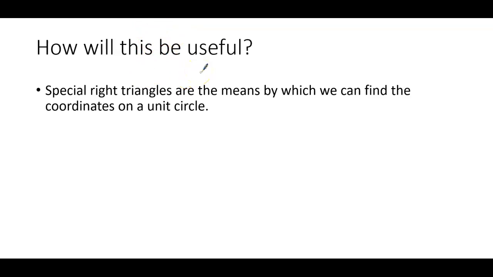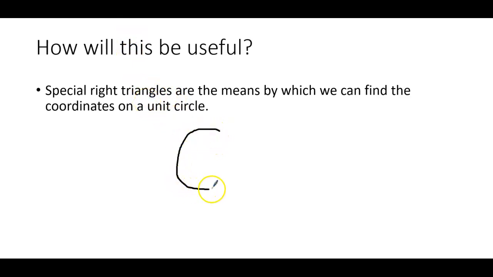And that's mainly the reason. But what we're going to be using it for is because it actually is how we find the coordinates on our unit circle, which is a tool that we're going to be using throughout the rest of our year with working with trig. So special right triangles are the way that we find the coordinates on a unit circle.